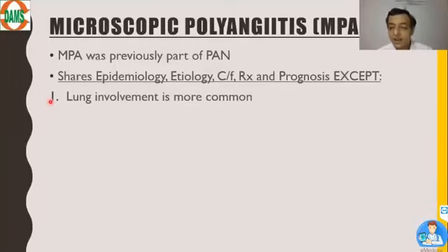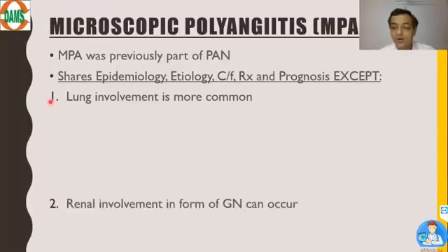If you recall, in PAN we have written that only 1 to 2% have bronchial artery involvement. So in PAN lung involvement is rare, but in MPA it is relatively more common.